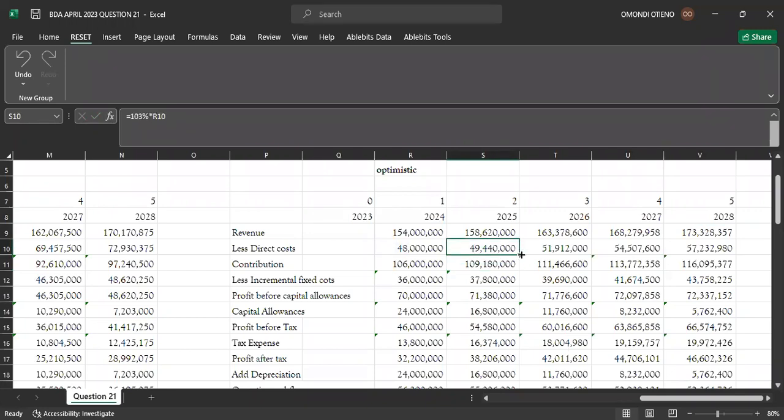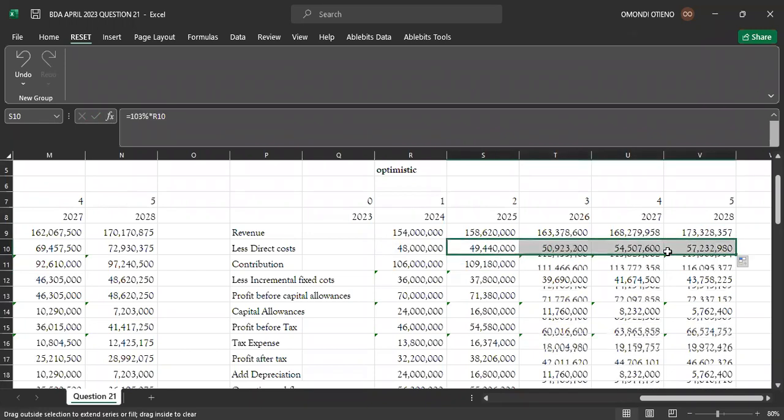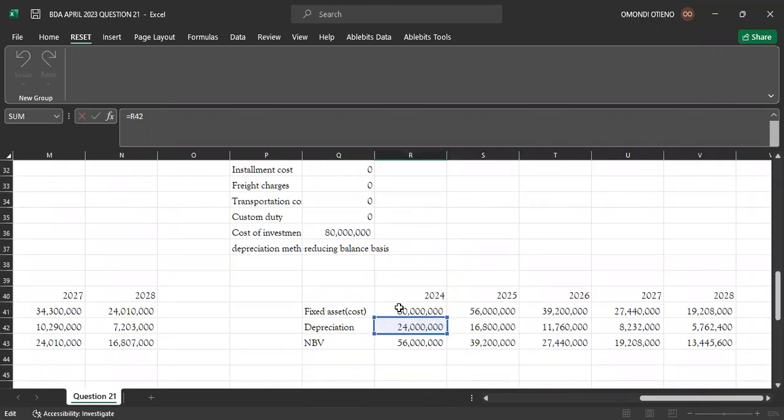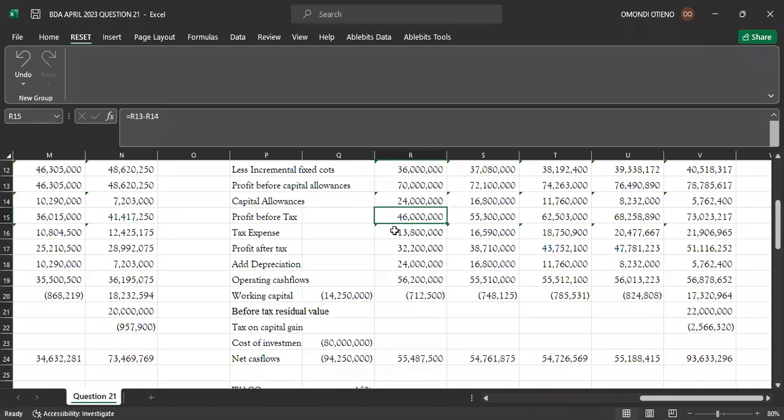That is what I need to do. Then incremental fixed cost by 3%. That is what I need to do. Then capital allowances, it's already calculated down here for me because I've already inserted the initial fixed cost. So that one I just skip.